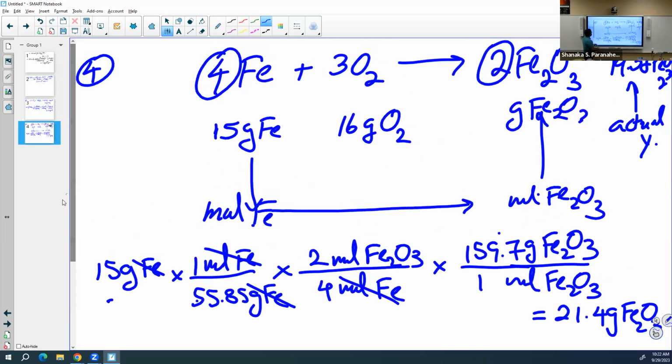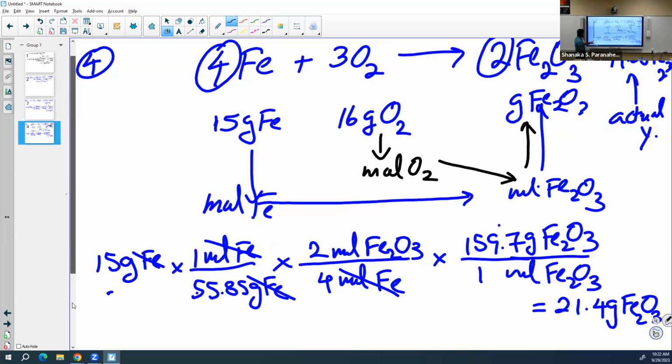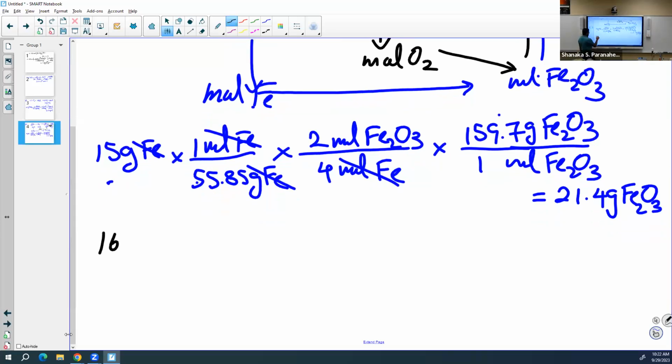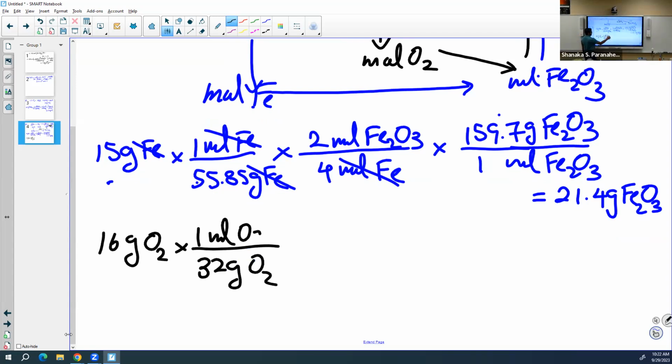So we are going to do the second calculation, starting from grams of oxygen, moles of oxygen into moles of Fe2O3, and then into grams of Fe2O3. Starting from 16 grams of oxygen, the molar mass of oxygen is 2 times 16, 32 grams of oxygen is equal to 1 mole of oxygen. The next one, oxygen to Fe2O3.